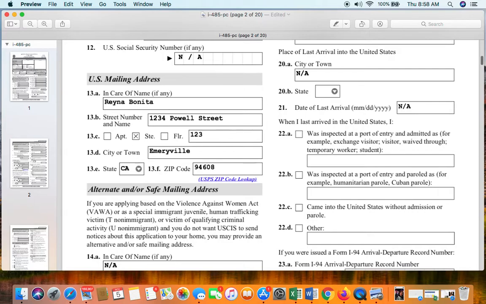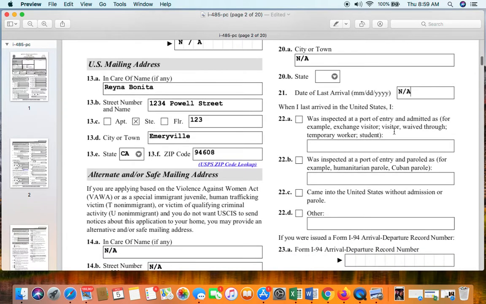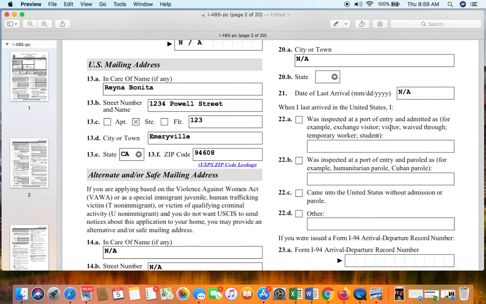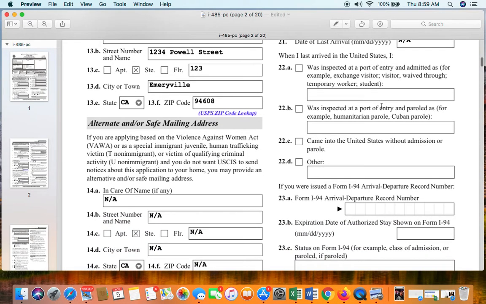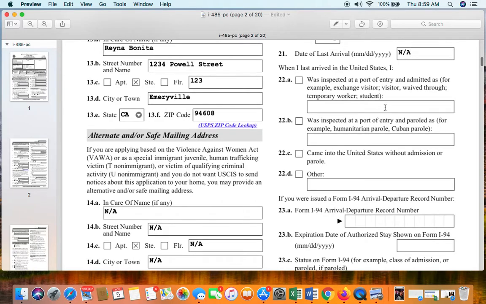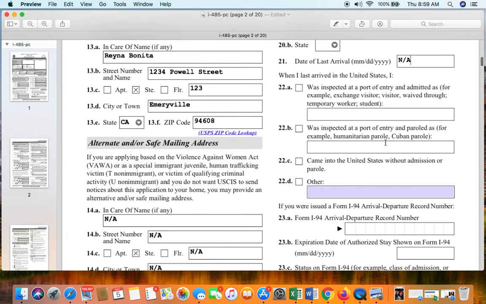If you have any questions, you can comment in the comment section, and I will answer you later if you got confused. When I last arrived in the United States, you don't need to check these boxes right here. Was inspected at a port of entry: for me, because my derivative applicant, my daughter, is not in the United States yet, I'm not going to check this section.